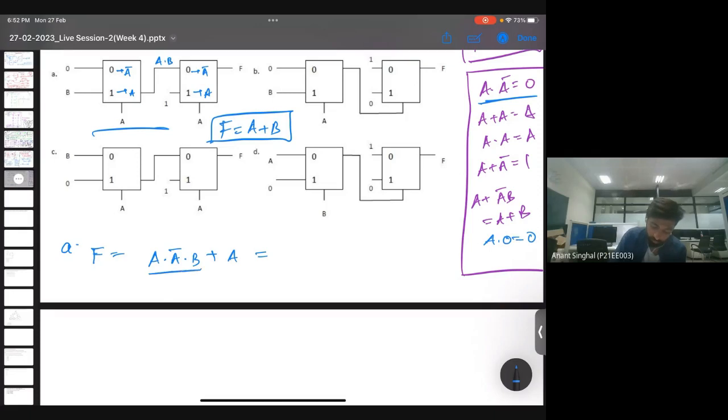So this term will be 0 into B plus A. This will be 0 and we will get F as A. So this is not the correct answer. So option A is not correct.